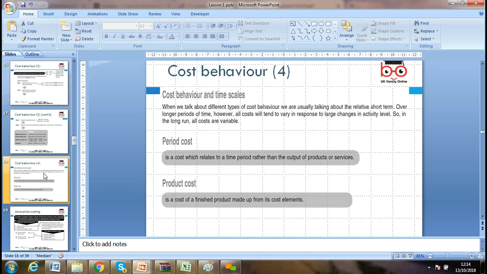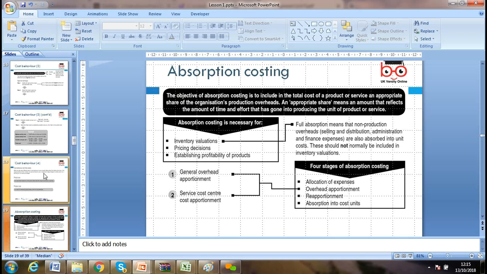So, cost behavior and time: period cost is the cost related to the period, and product cost is related to the finished good or the product. Absorption cost is the cost which we can absorb into the product. Its objective is to include the total cost.